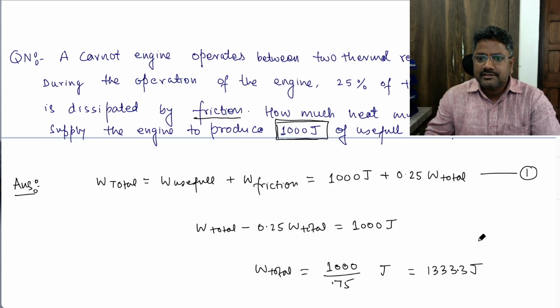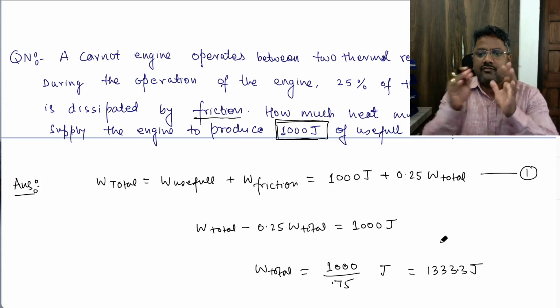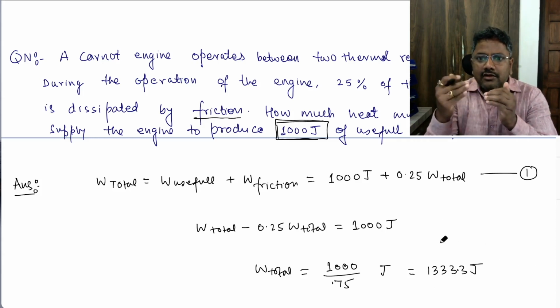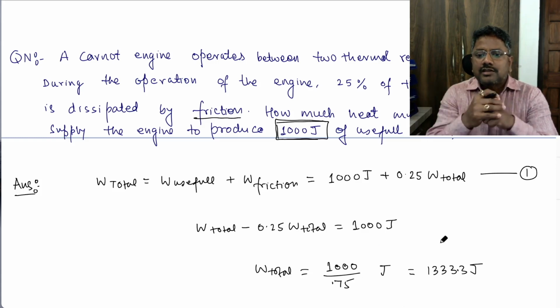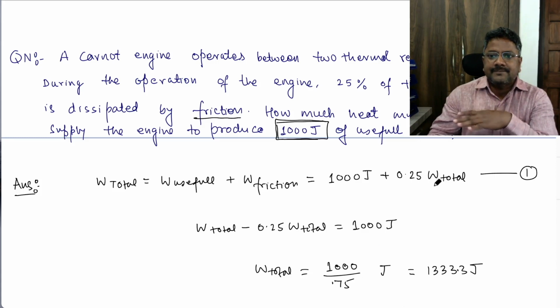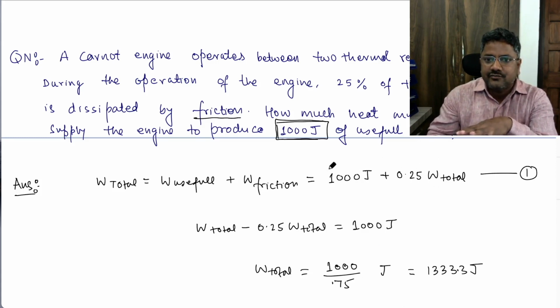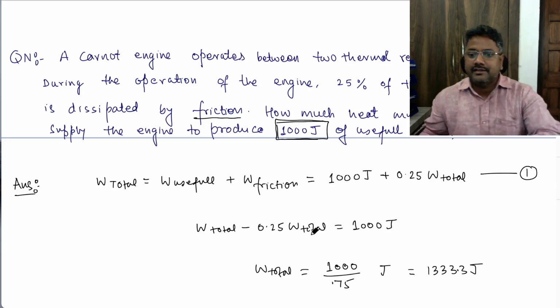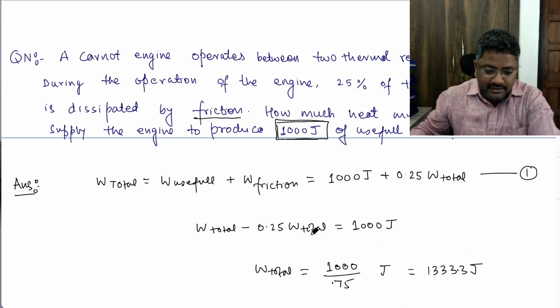So this much heat energy is required to deliver effectively 1000 joules of useful work, because this 0.25 is wastage. So I have added this 0.25 wastage work to the useful work, so that this amount of heat energy is the total required here, right?